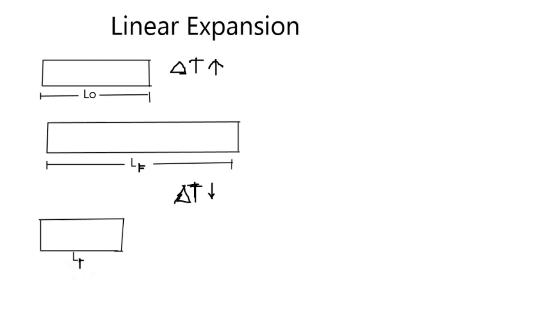This will become the final length, and there's a significant decrease in its length. And this is the change in length, which has an equation. I will tell the equation later. So this is the change in length.